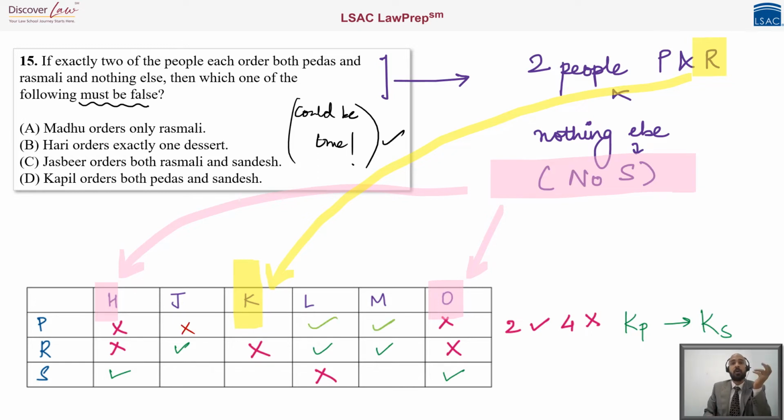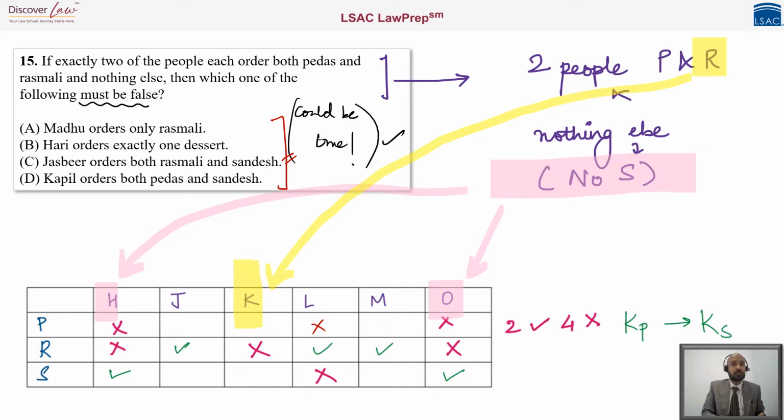Or it could be J and M, in which case we'll put a tick here and a cross here. Now what I want you to remember is, once you know that there are these three possibilities, let's go and look at the options here.